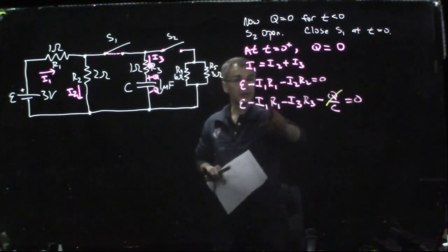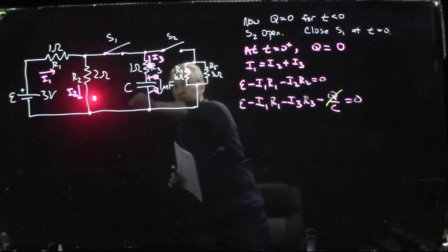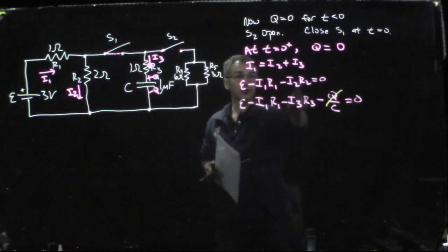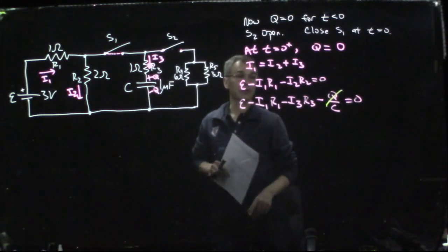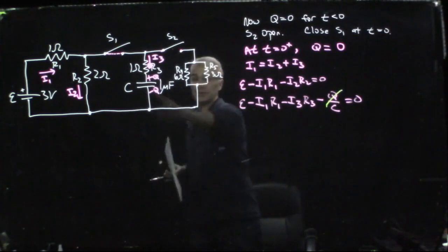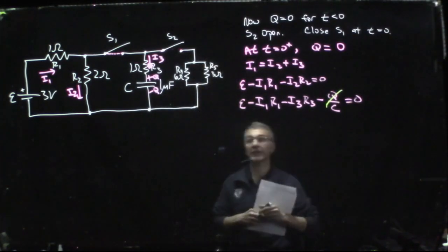What you can notice here is the same thing you would notice by doing the loop rule up this and down this. If you did the loop rule just for this little loop, because Q over C equals 0, we know that I2 R2 is the same as I3 R3. In other words, resistors R2 and R3 are in parallel because Q over C is 0. That's a shortcut we can take.